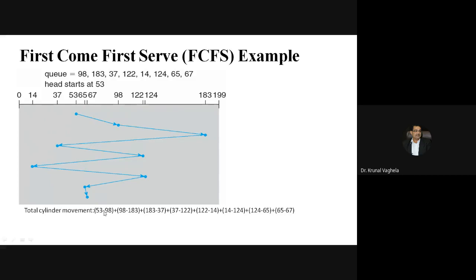Better you do 98 minus 53, plus from 98 to 183, 183 minus 98, plus from 183 to 37, 183 minus 37, plus 122 minus 37, plus 122 minus 14, plus 124 minus 14, plus 124 minus 65, plus 67 minus 65.